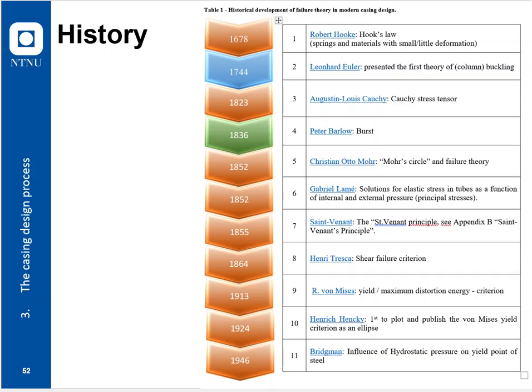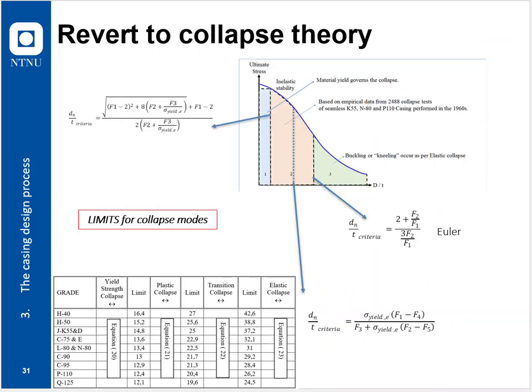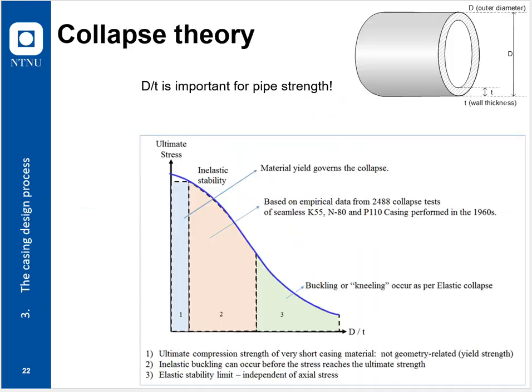Buckling, as in a column, is it stable? And that's again the tin can, soda can, standing on it, and a small impact sideways makes it destabilize and completely flatten. So yes, collapse is a combination of external pressure and the stress in the pipe.